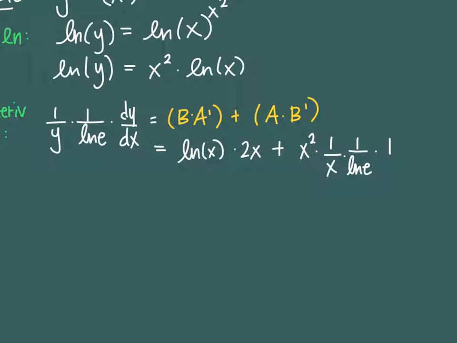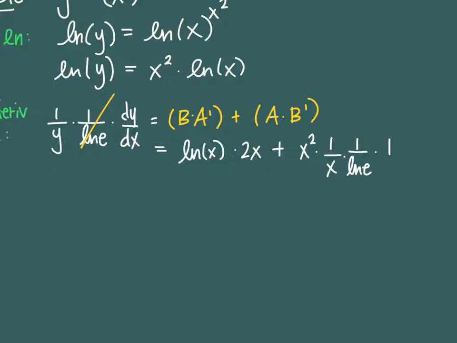So now go ahead and clean up your natural logs of e, which you won't need anymore. So we're going to have 1 over y times dy/dx on the left. And on the right, I'm going to put my 2x in front of my ln x. I just prefer to have the polynomial part in front and the natural log in the back. And then after the addition sign, how does that simplify?